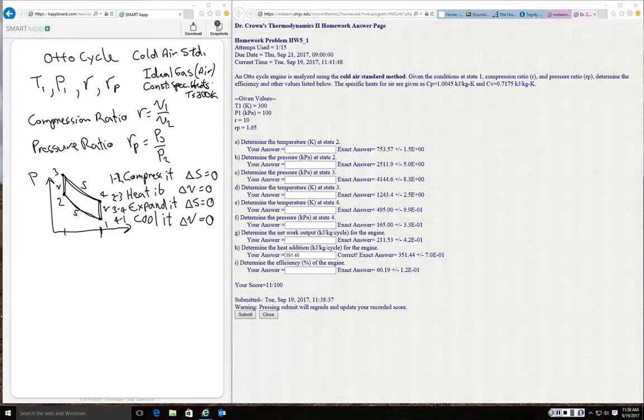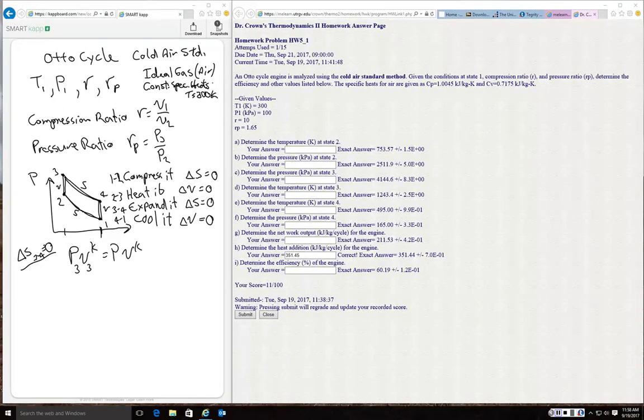So the next step is delta S from 3 to 4 equals 0. So this is an isentropic process. So again, I can use PV to the K equals a constant, and I'm going to use states 3 and 4.